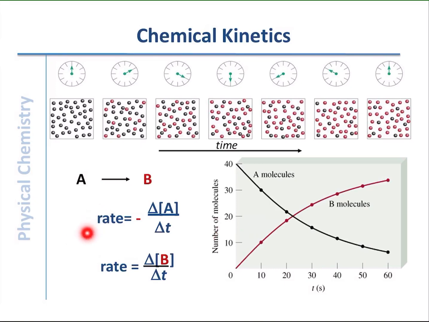So the rate is the decrease in the concentration of A with time, and can be calculated as a function of B, the rate of increase in concentration of B with time. So this slide generally discusses how to calculate the rate of any reaction according to either reactants or products.